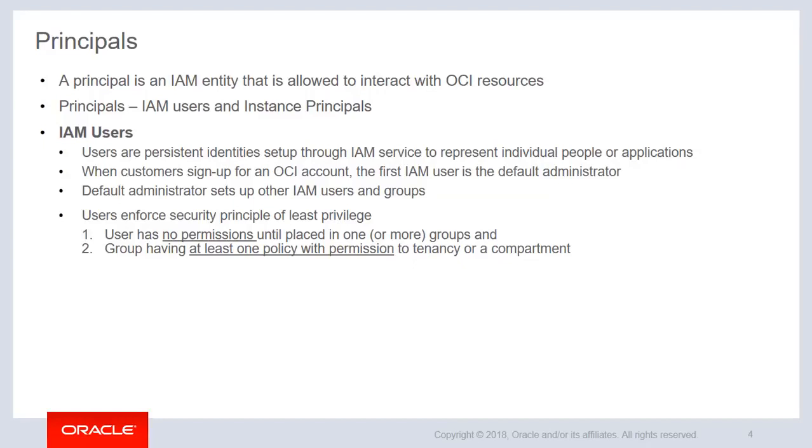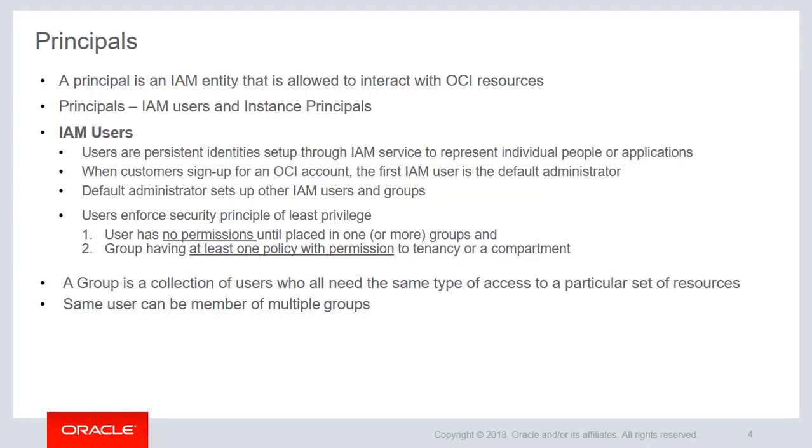So what does that mean? It means two things. First, users have no permissions until they are placed in one or more groups. And secondly, groups have at least one policy with permission to a tenancy or a compartment. We'll look into all these details and things will become clearer.